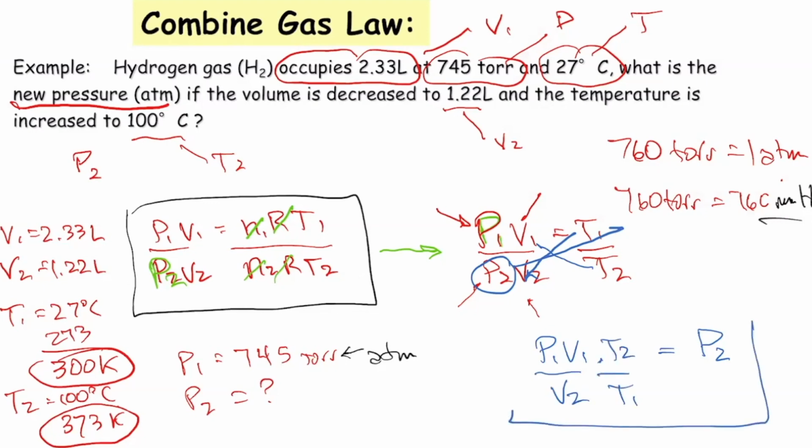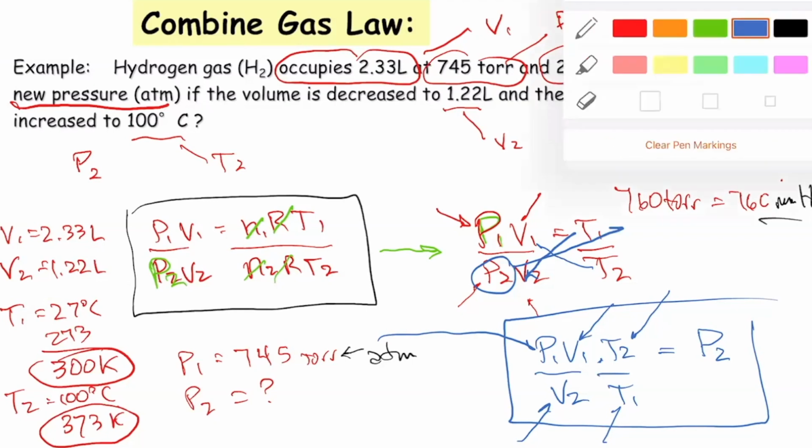That's the equation that we're going to be using in our problem. It's the combined gas law, condition 1, condition 2. All we've got to do is plug in P1 in here, V1 in here, T2 here, V2 here, and T1 there, punch it in our calculator, and we get the new pressure. Let me show you how that goes.